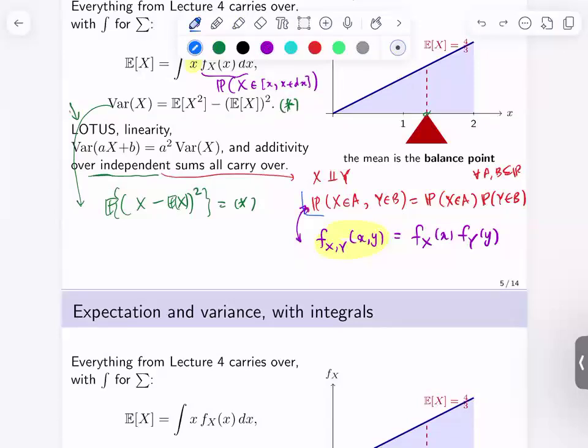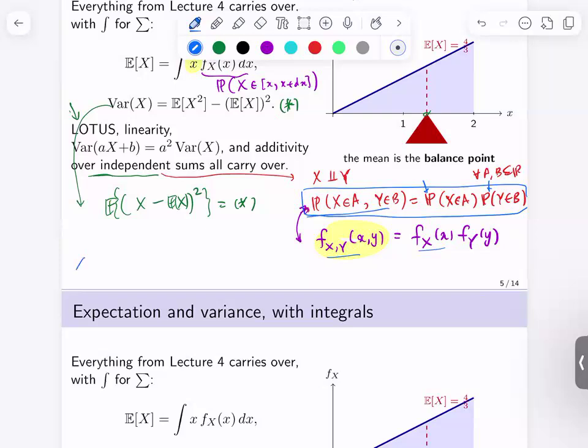So this fact you already know, and this generalizes. This works for any pairs of random variables. They're independent if the probability that X takes some value in some set and Y takes values in some other set factorizes into the product. You can write these as integrals, and then in the limit it would look like the PDF factorizing.